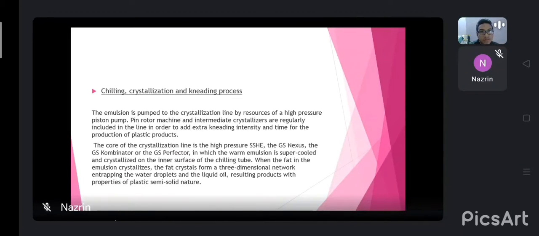The core of the crystallization line is the high pressure SSHE, the GS Nexus, the GS Combinator or the GS Perfector, in which the warm emulsion is supercooled and crystallized on the inner surface of the chilling tube. When the fat in the emulsion crystallizes, the fat crystals form a three-dimensional network entrapping the water droplets and the liquid oil, resulting in a product with the properties of a plastic semi-solid nature.